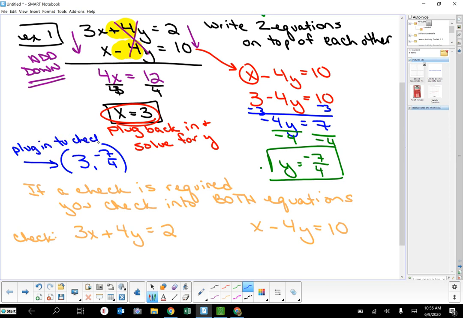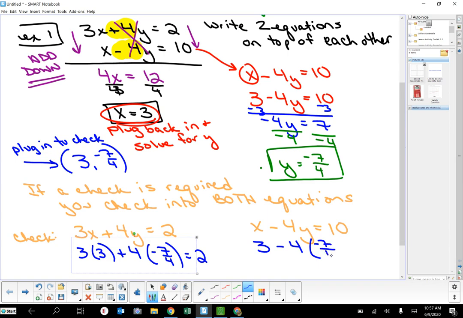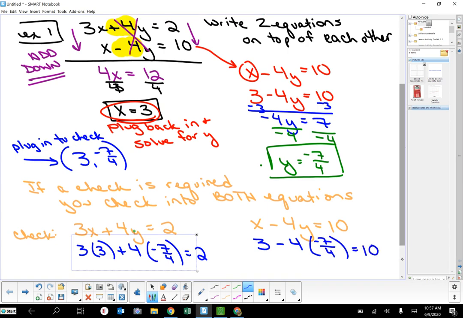So my x is going to equal 3, my y is going to equal negative 7 over 4. Again, you have calculators to deal with the fractions, so don't worry about them, just deal with them. So this guy is going to be 3 minus 4 times minus 7/4 equals 10.